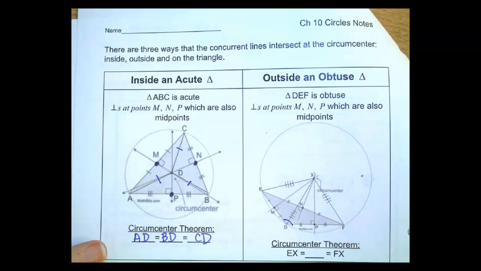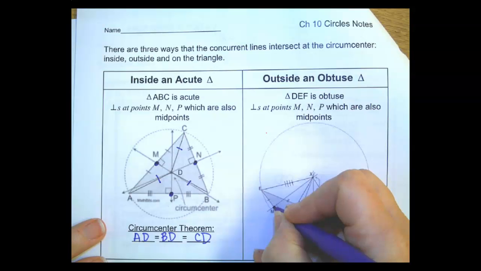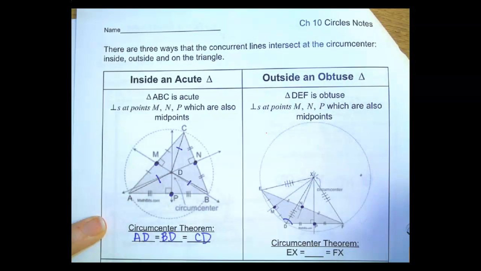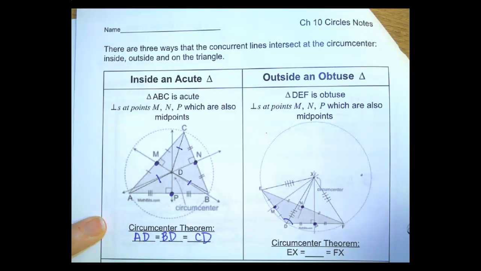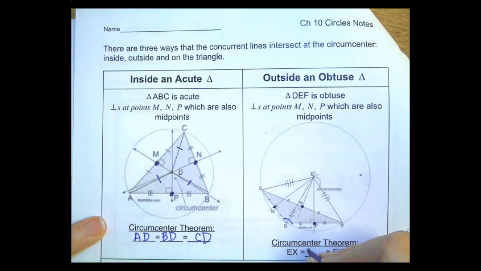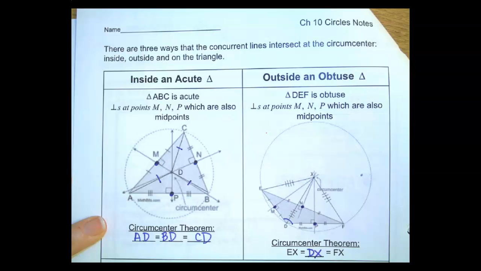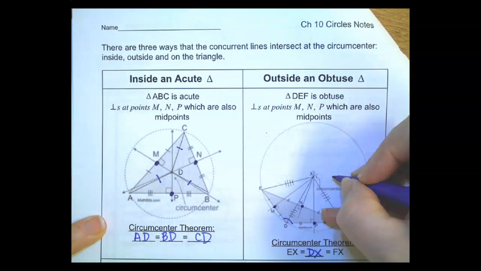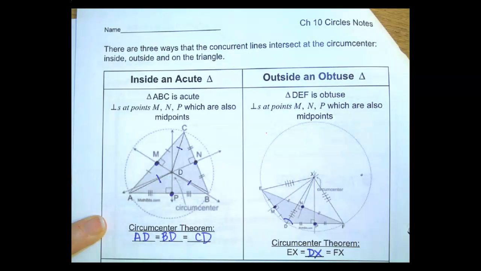So if you have an obtuse triangle and your midpoints are M, P, and N, that means your circumcenter would be EX, DX, and FX. So everything going towards that center.